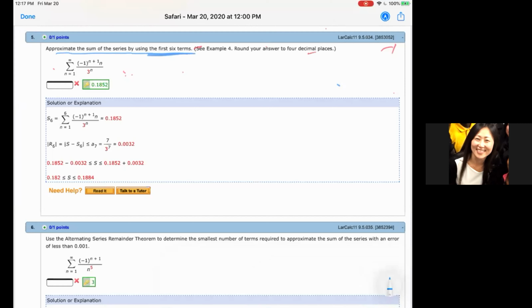If you already have the summation functions in your calculator, great. But also if you want to, you can write a function. Let me share my screen, actually. Let me stop sharing this screen, and I can show you my other screen.